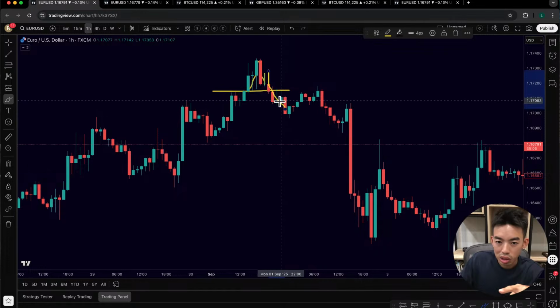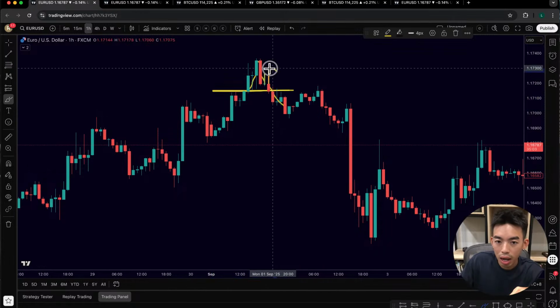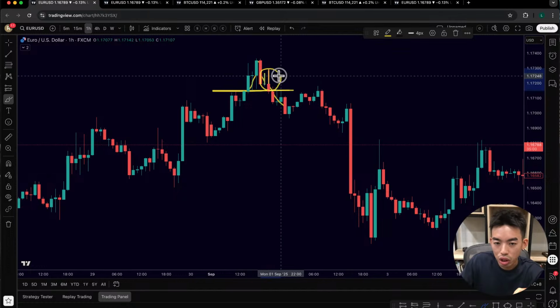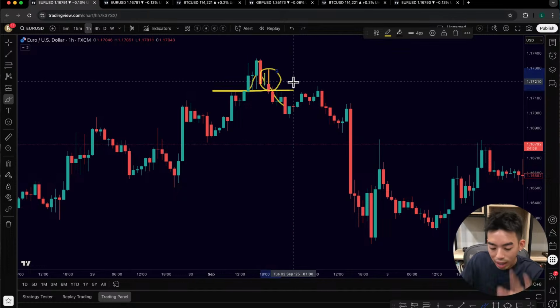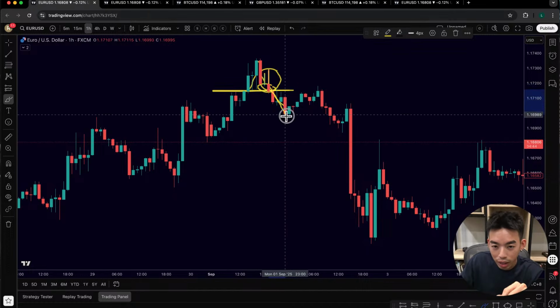What you are able to see here, in very little detail, is buying action around these areas. That's an indication that someone actually took the buy. What happened to their buys? They essentially got trapped.